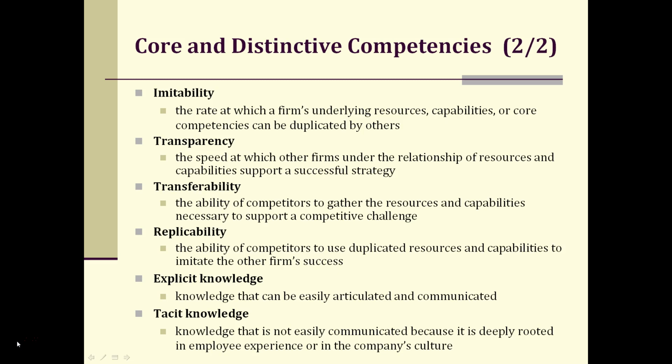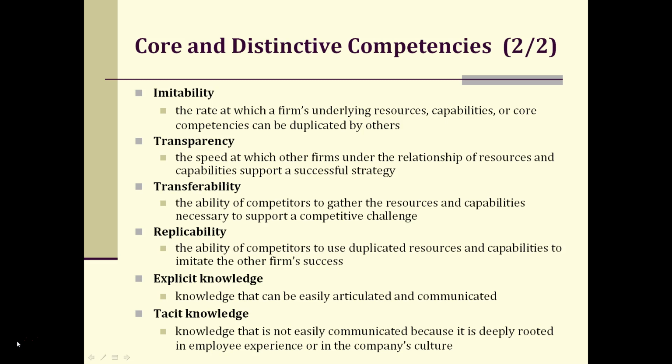Transferability is the ability of competitors to gather the resources and capabilities necessary to support a competitive challenge. Replicability is the ability of competitors to use duplicated resources and capabilities to imitate the other firm's success.